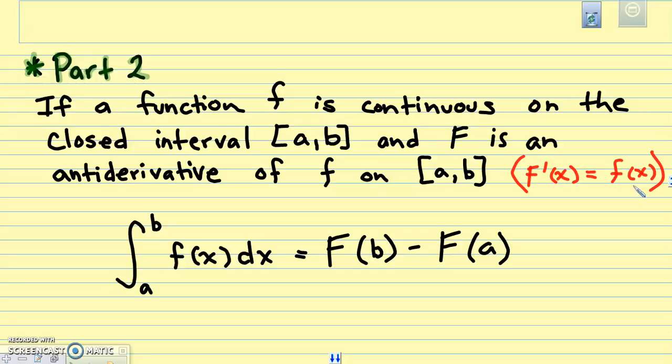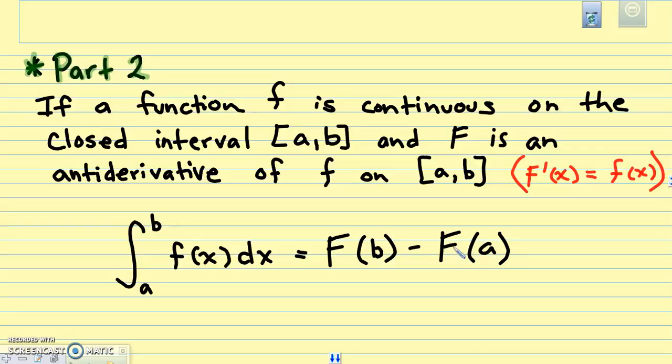That's what that said. So if all of this applies, then the integral from a to b of lowercase f of x dx is equal to capital F of b minus capital F of a. So the antiderivative of f at b minus the antiderivative of f at a.